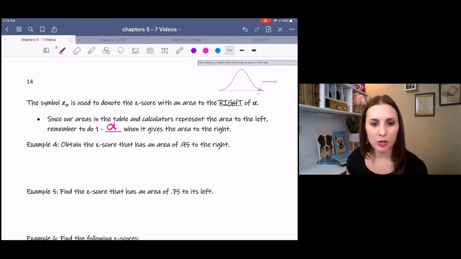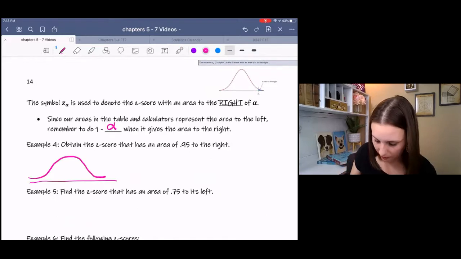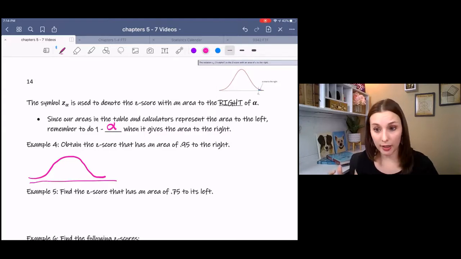So obtain the z-score that has an area of 0.95 to the right. Let's just draw that. So an area of 0.95, that's a lot, to the right.